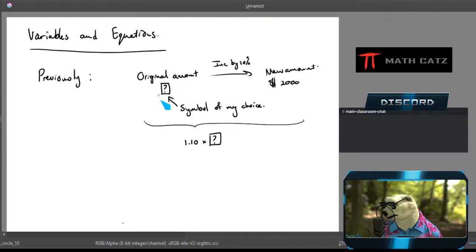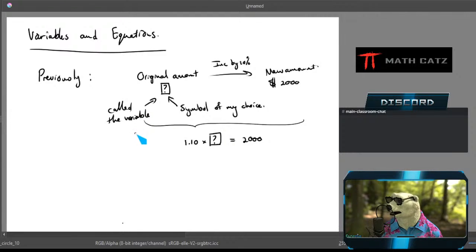There is a number, I just don't know the number. I need to give this number a temporary name while I'm still in the process of figuring out what it is. That will be called the variable.